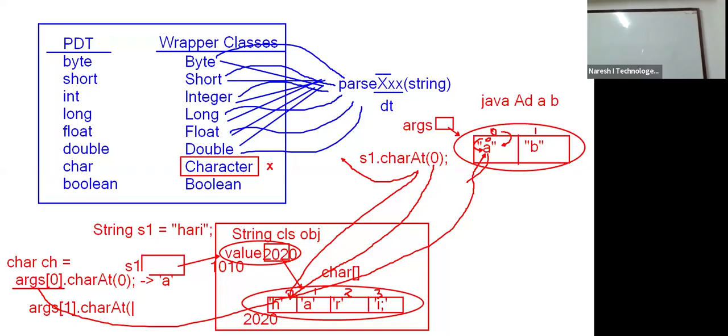Tell me the statement to take this I out. This is the string object; the pointing variable name is S1. Dot. What is the method? charAt of square bracket or round bracket? Round bracket. I is available in which location? 3. Then what should I pass? charAt of 3.